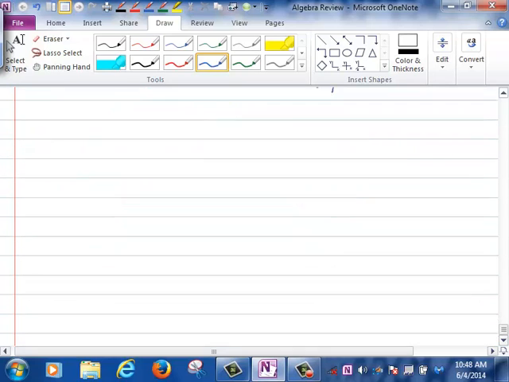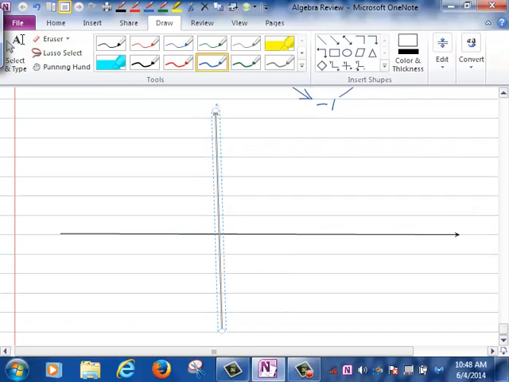I need space, so I'm going to get rid of that. Let's try to draw the graph of the sine function. Let's pick this height to be 1.